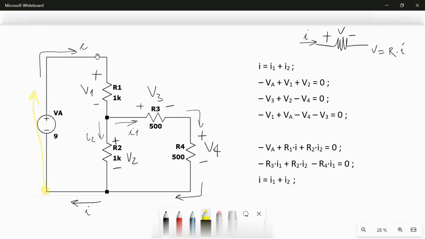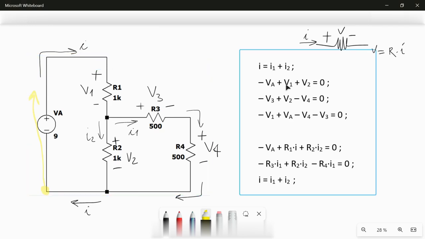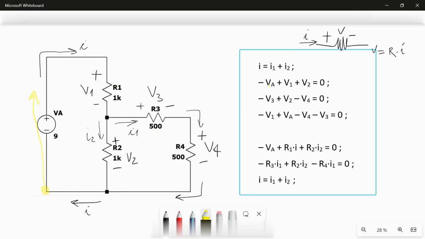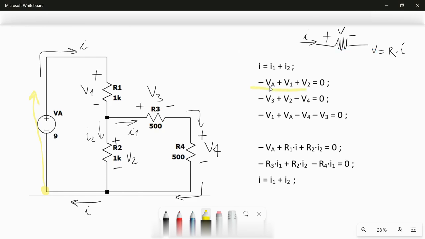Then I continue and I find V1 with the plus sign first, so plus V1. I continue on the mesh and I find another voltage drop, V2, with the plus sign on my path. So I put plus V2. And then I am back home. So it's just finished. I just put equal 0. So this is mesh number 1.